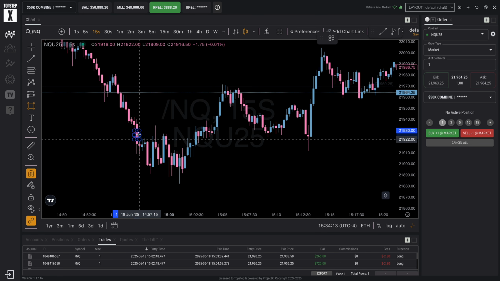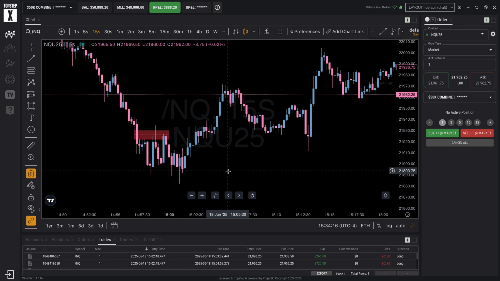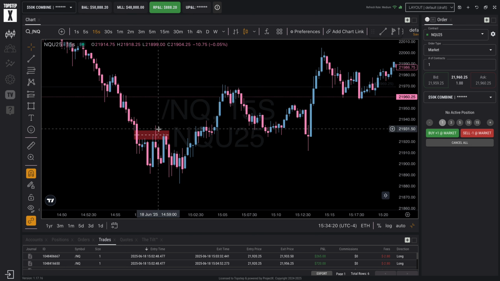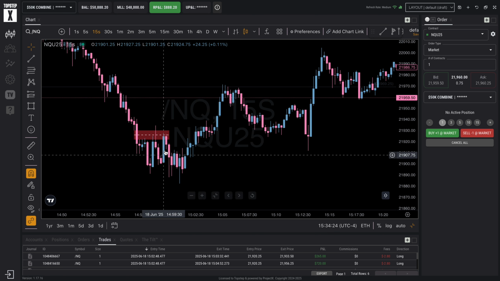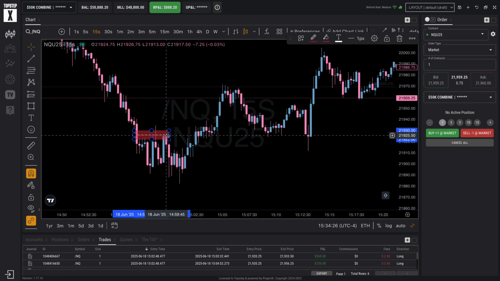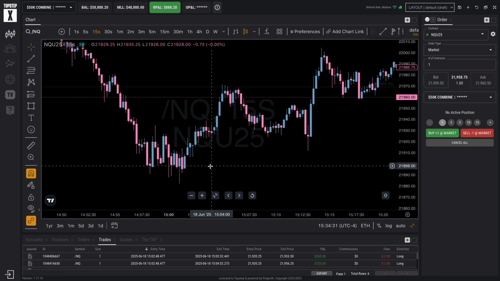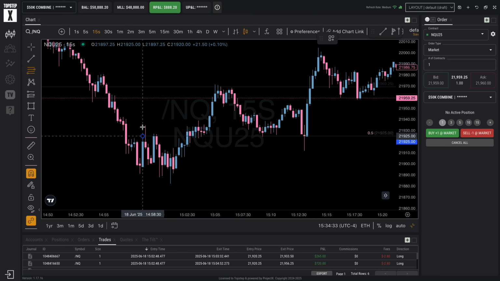I saw this SIBI form, and I didn't enter short because we didn't take out this low. So I was like, okay, we're going to rebalance probably. And then I also measured this wick.